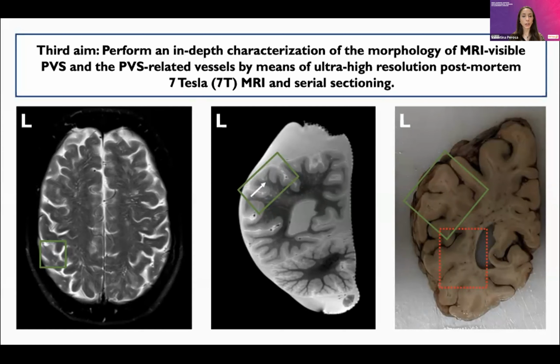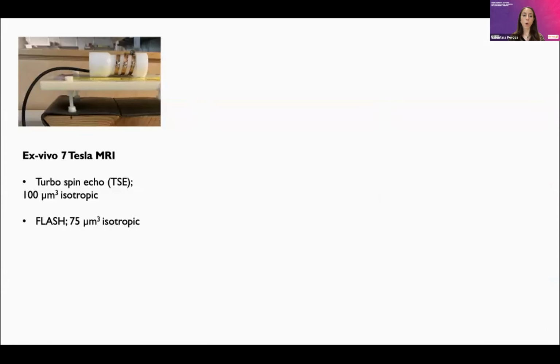Based on the in vivo MRI, we selected a parieto-occipital region, and we cut a block out of the formalin-fixed tissue. Then we placed this block in a Falcon tube. First of all, we placed it in PBS in order to restore scanning parameters. After that, we placed it in Fomblin to avoid MRI artifacts.